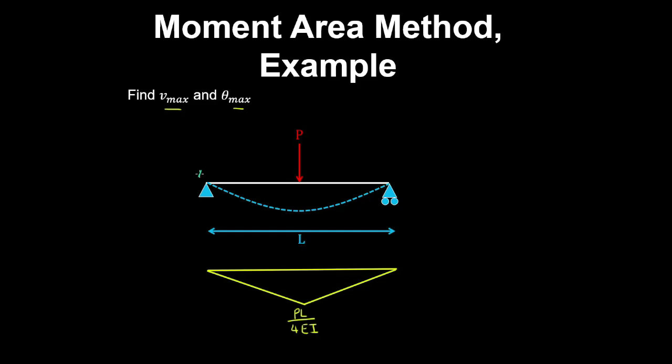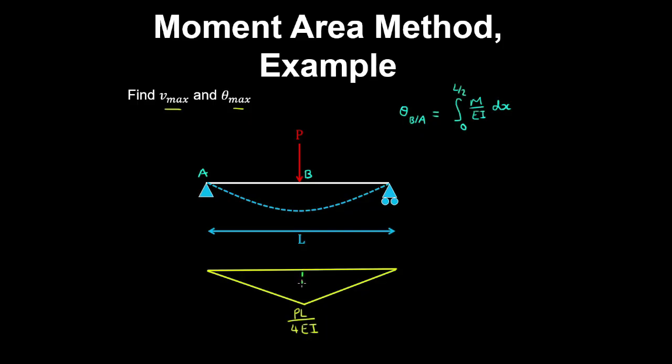Now if we designate this point A and this point B, then theta B relative to A can be obtained by integrating the curvature, which is M on EI, over x, and in this case we integrate from x equals 0 to x equals L on 2.